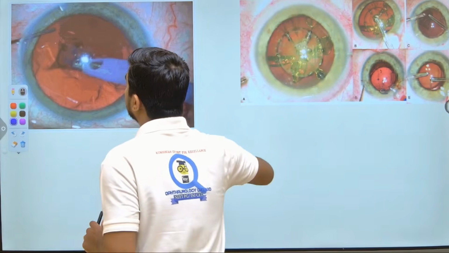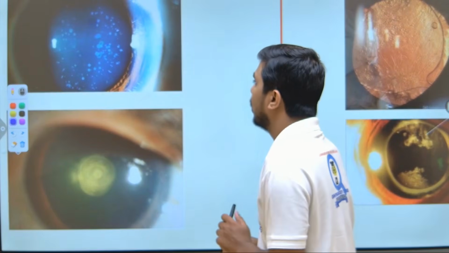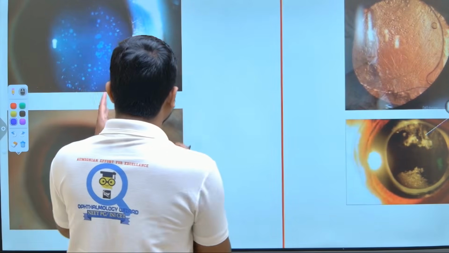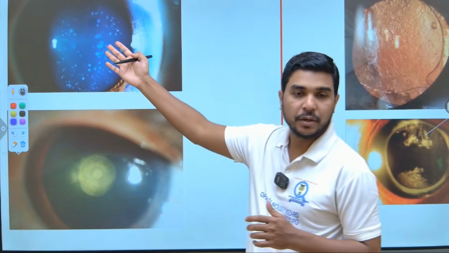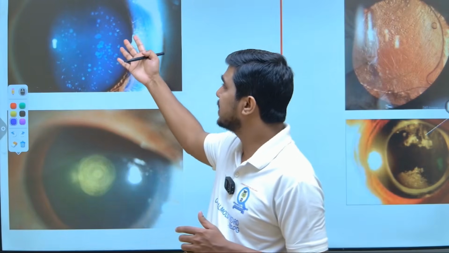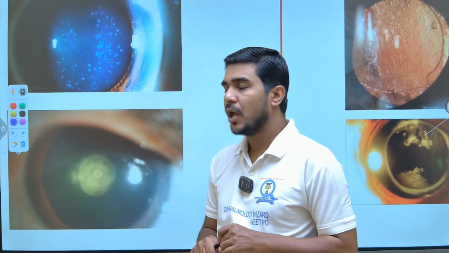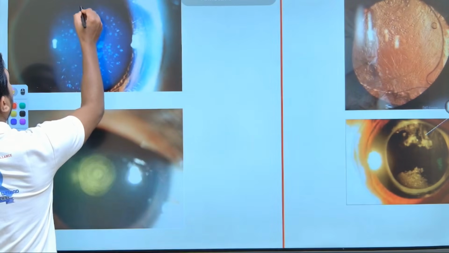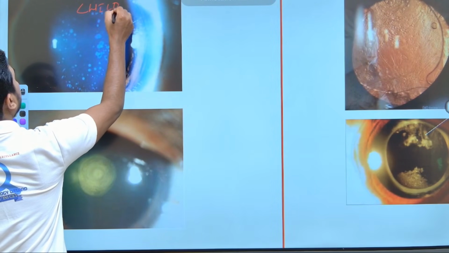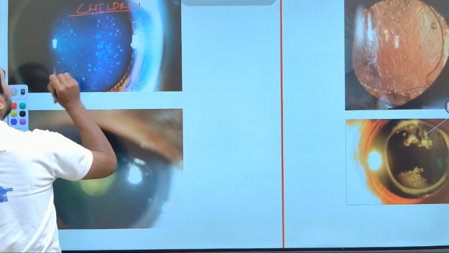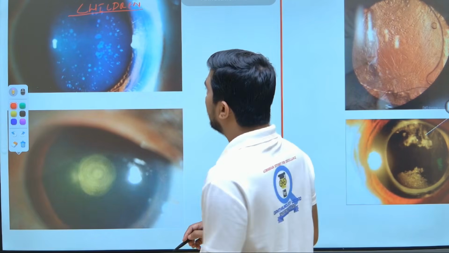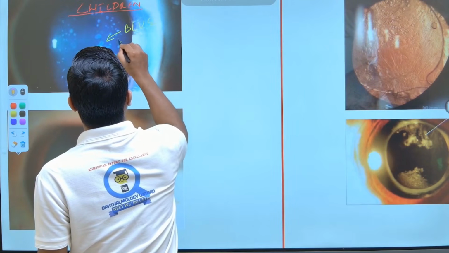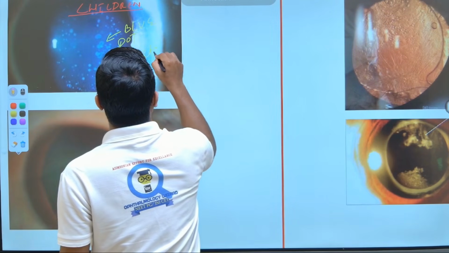Now, coming to the next question. Looking at this picture, what are you going to see? You can see some blue dots. If this blue dot appearance is seen in the lens of a child, this is nothing but blue dot cataract.